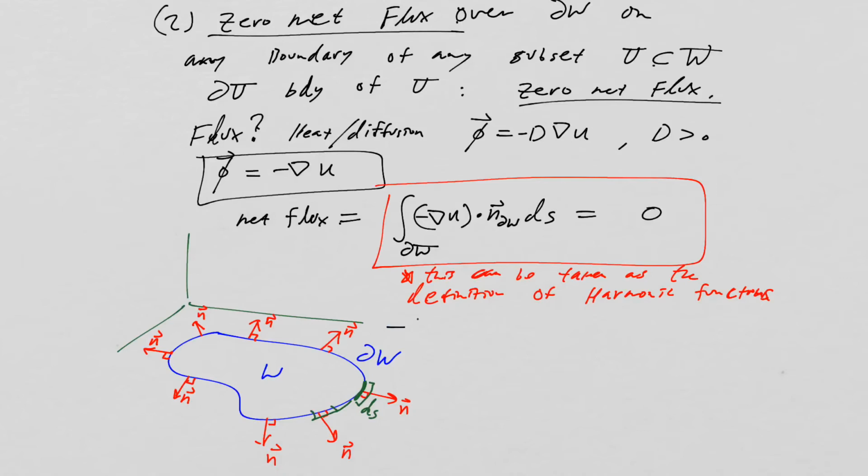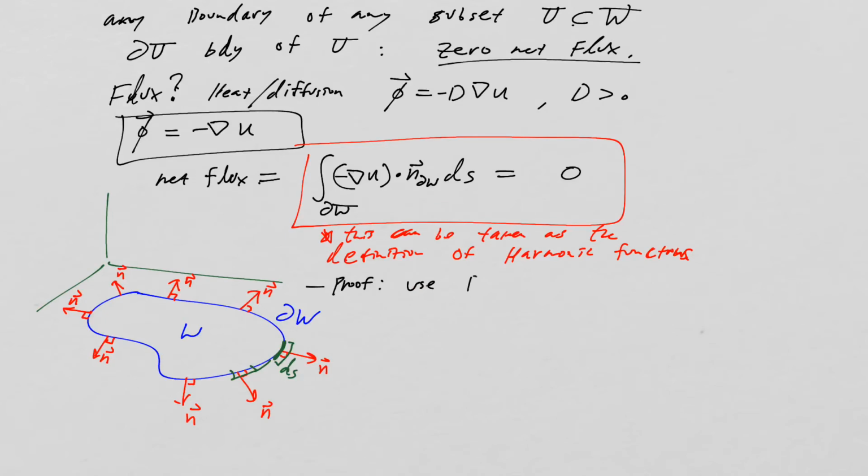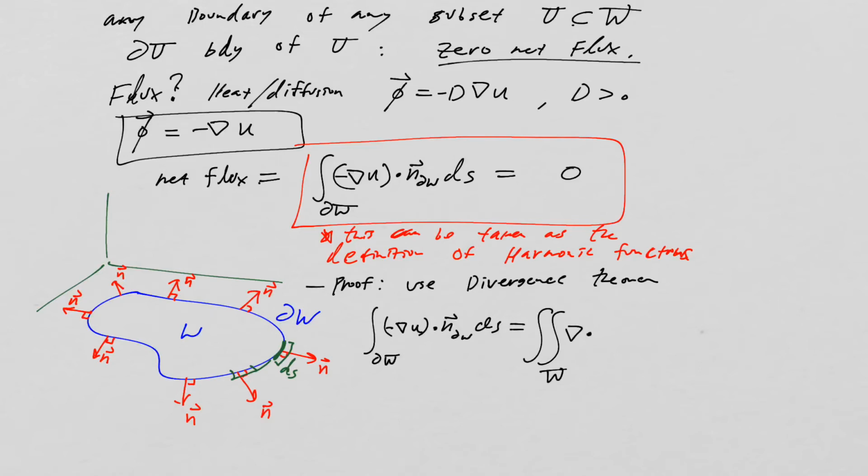And this actually goes into basically a proof of this. The proof turns out to be really straightforward, and it uses the divergence theorem, which states that if I have a flux, so there's my flux field, and I've dotted it with my normal to my surface, ds, I can always express a flux in terms of the double integral over the interior of the set of the divergence.